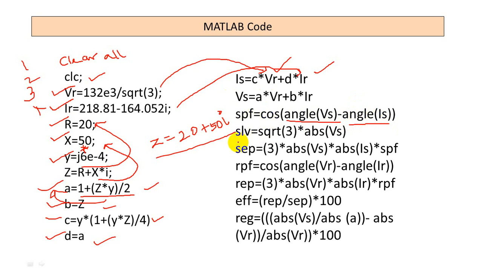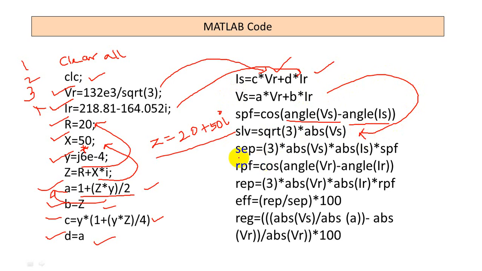How will you determine the sending end line voltage? When you are calculating the phase voltage, it is divided by root 3. When you are calculating the line voltage, it is multiplied by root 3. So square root of 3 multiplied by abs of VS. This particular VS, only the real term alone we are taking. This is the sending end line voltage.